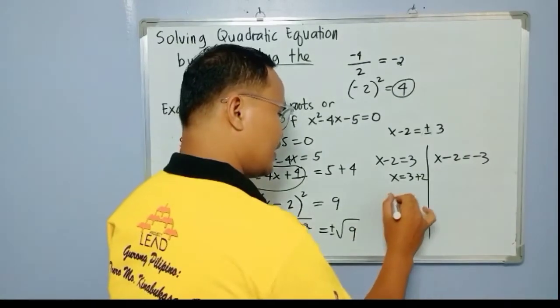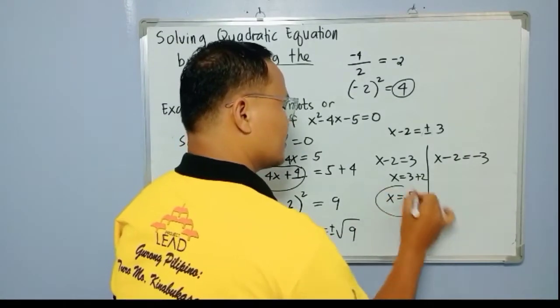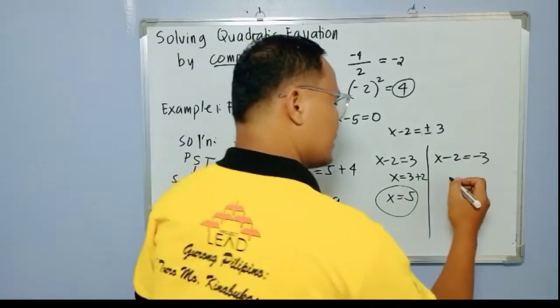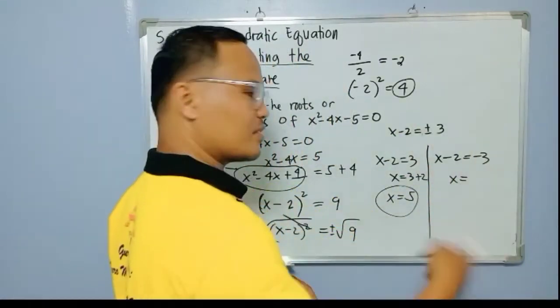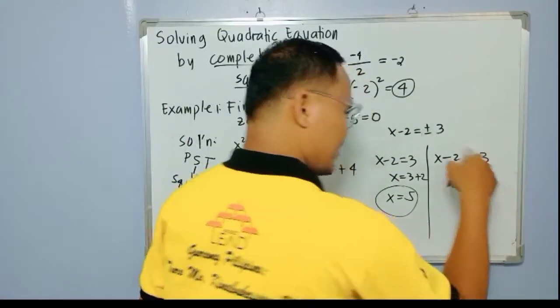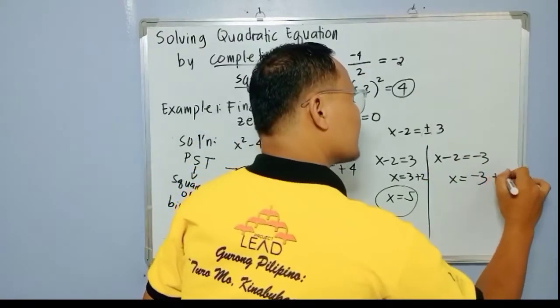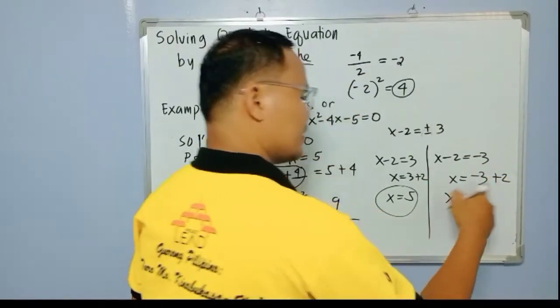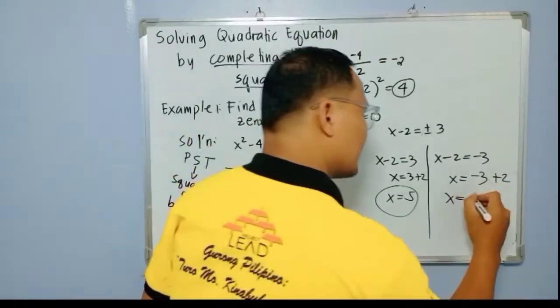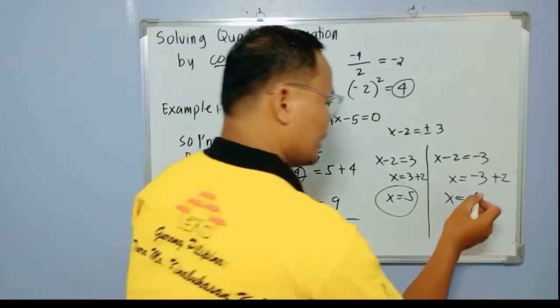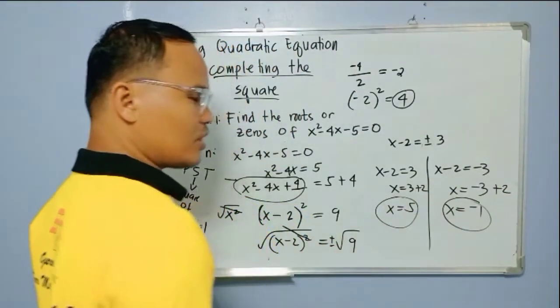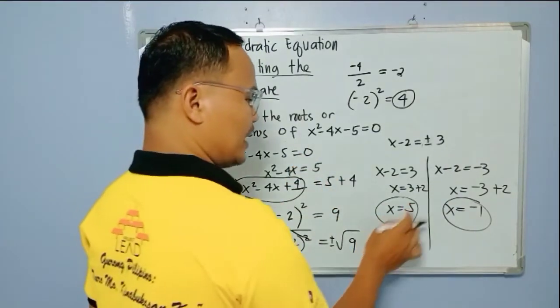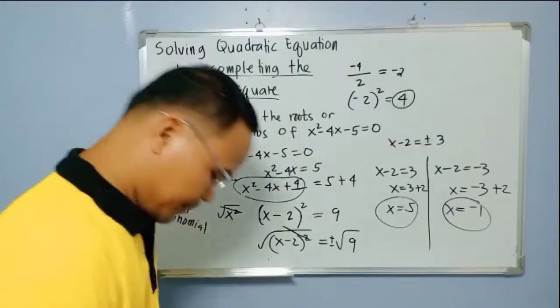And then add, you have 5. x equals 5. And for the other side, also transpose negative 2 to the right side. Copy negative 3 plus 2. Here, by the rules of adding integers, the result is negative 1. So these are now the roots of this equation, 5 and negative 1.